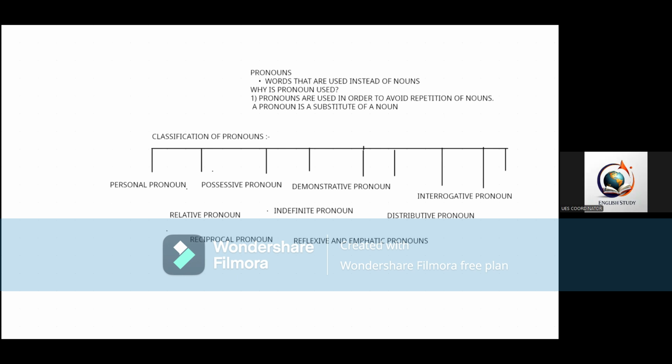So personal pronouns are nothing but the pronouns used instead of the names of persons, places, or things. How are they formed? I, we, you, he, she, it, they.